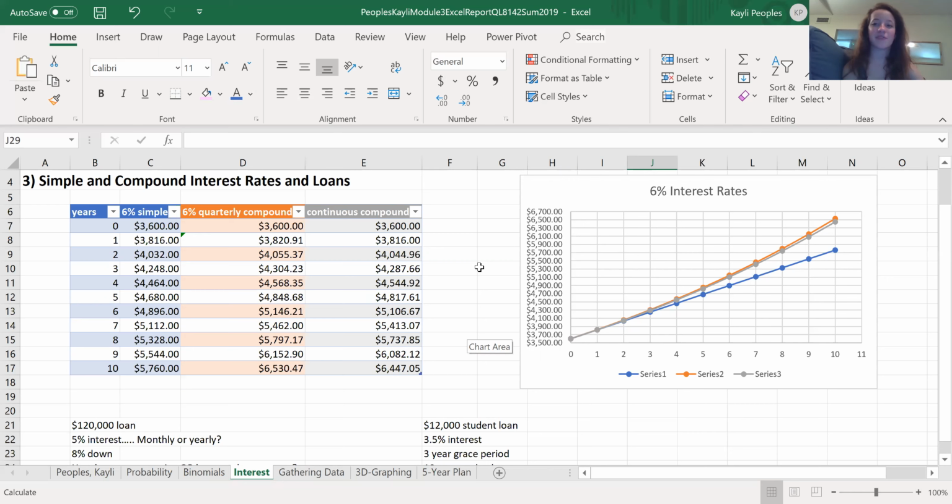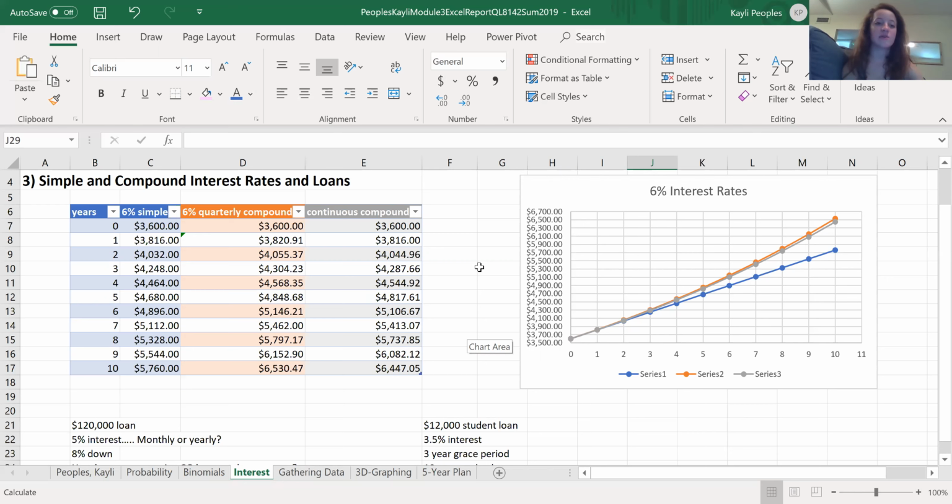We said, what if you and your spouse were to invest $3,600 into a savings account? How much would you have at the end of 10 years with these different options for interest on the savings account?